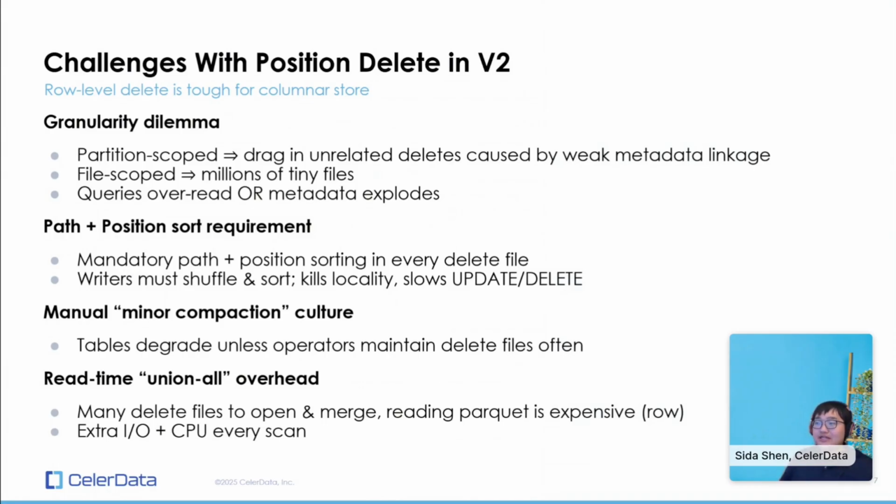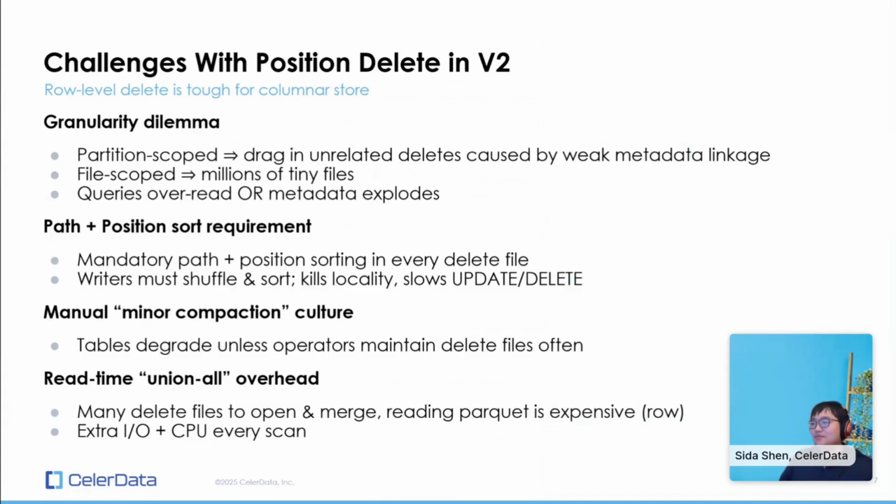It kills data locality and really slows down the update and delete process. And third is all of the manual minor compaction you have to run. With all of the delete files, if you don't compact them on a regular basis and they stack up too much, table performance can degrade substantially.